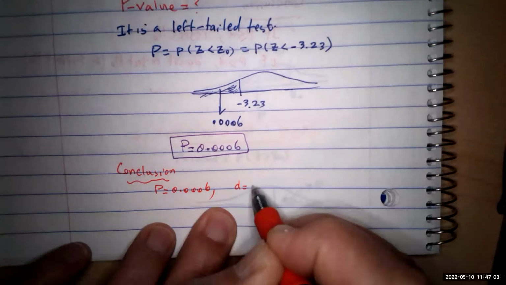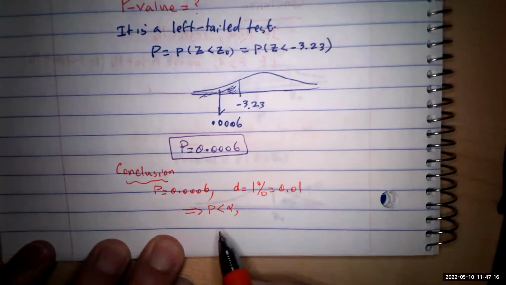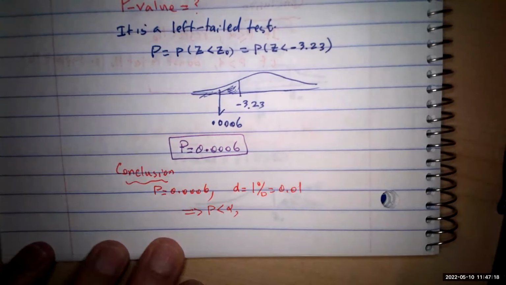You compare them together, as you can see, p is less than alpha, so you reject the H naught. If it's bigger than alpha, you do not reject the H naught.